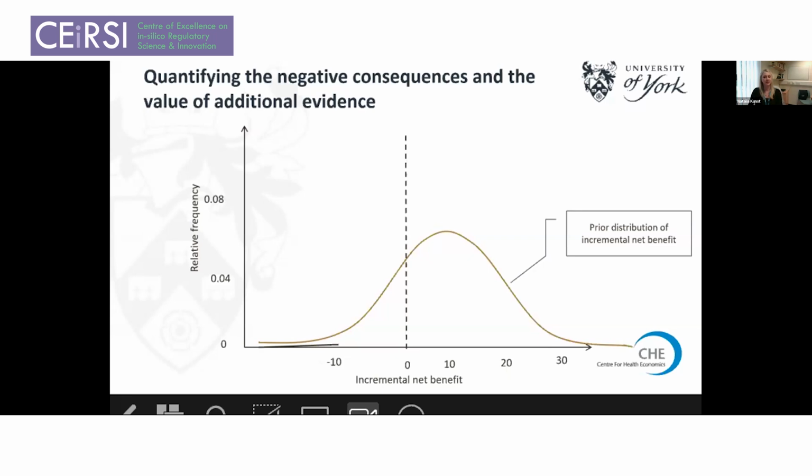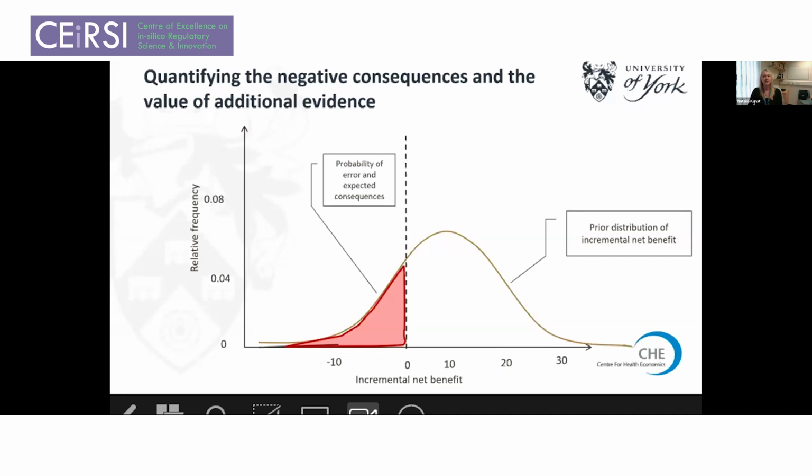However, due to the decision uncertainty, there is a probability that this decision would be wrong and that we would need to face negative consequences. This is the red shaded area in the figure. If it turns out that the incremental net benefit is actually negative, the wrong decision would have been made, and the payoff would have been higher had the decision been to go with the standard of care instead of the new medical intervention.